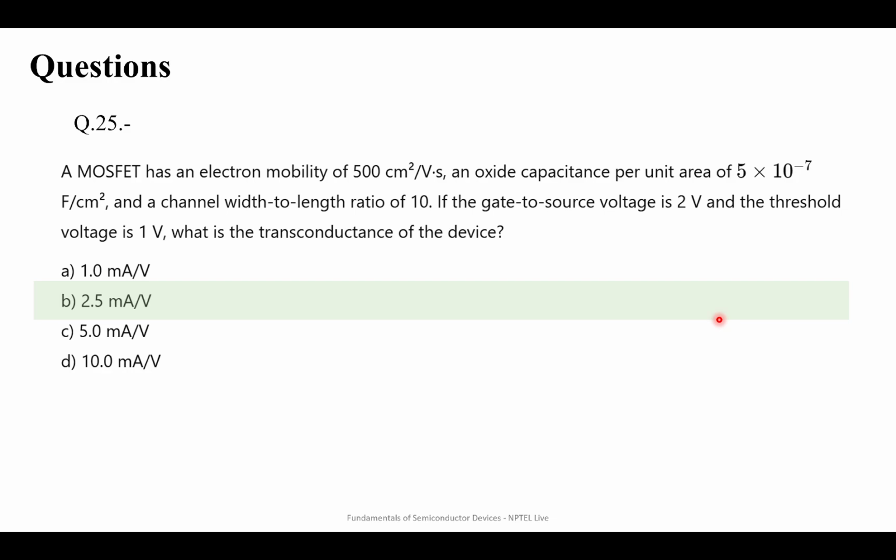Ampere per volt is also written as Siemens, S, which is the SI unit for conductance.